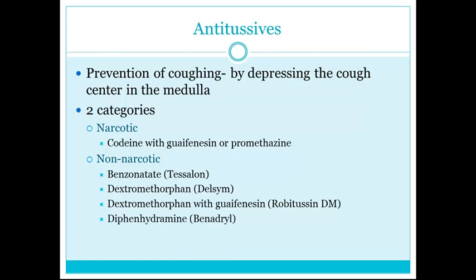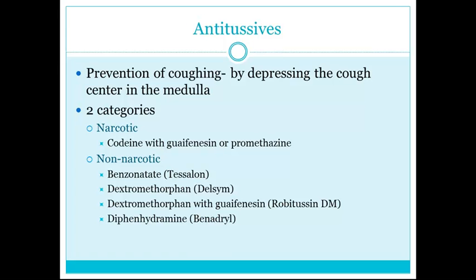Antitussives are used for preventing the cough by depressing the cough center in the medulla. There are two categories. There are the narcotic. The most common antitussive is codeine with guaifenesin or promethazine. Sometimes hydrocodone will be prescribed if there's an allergy or intolerance to codeine.